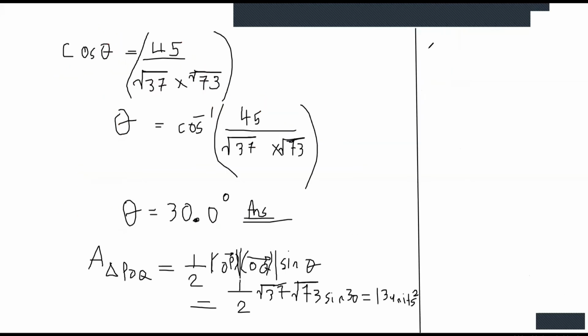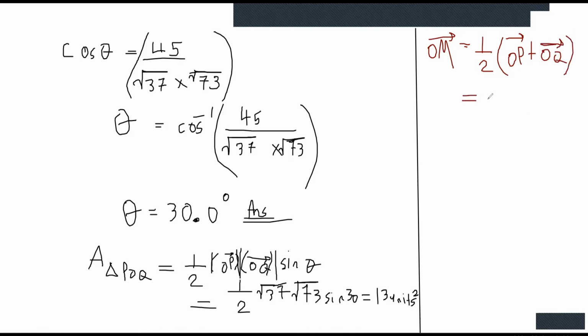So now to find the position vector m, we know that OM is equal to a half of OA plus OB. In this case, it's OP plus OQ. That's how we find the midpoint: average of the x, average of the y.